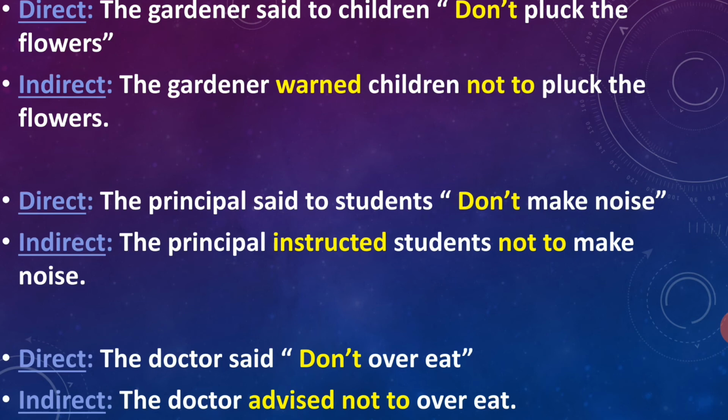See, the doctor is advising a patient not to overeat. So you will write it as, the doctor advised not to overeat. Okay, so you can see we are using "not to" everywhere. So you have to use "not to" as a connective word for negative sentences.